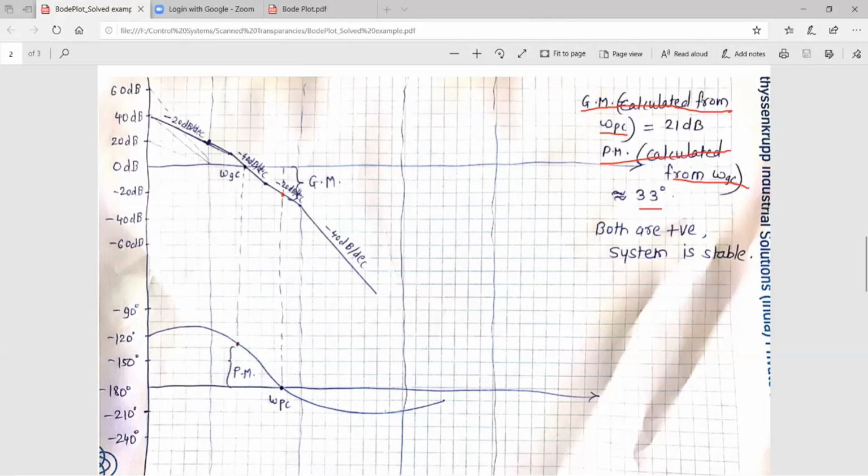Say minus 21 dB at this scale. From minus 21 dB, you are supposed to go to 0 dB. So how much do you need to add? Plus 21 dB, right? So this plus 21 dB is considered to be the gain margin and it is considered positive. The calculation for phase margin is a little bit different.